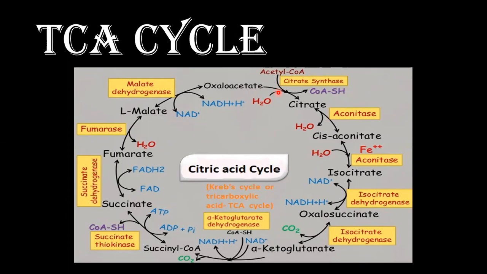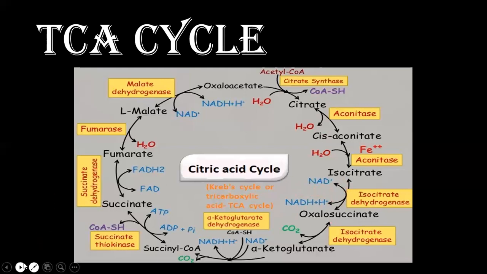Or in a simple way, we can say it is one of the most common metabolic pathways that oxidizes acetyl-CoA to reduce coenzymes. What coenzymes are we reducing? That is NADH, FADH2. This we need to remember.